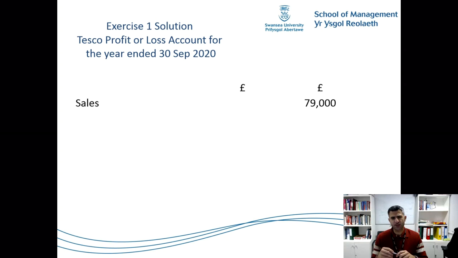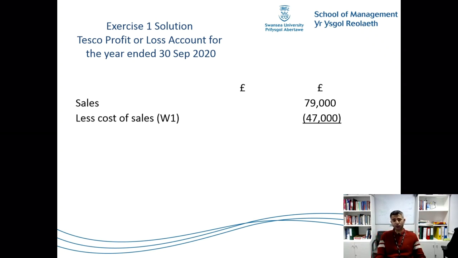A lot of students ask a common question: why do we have 2 columns here, 2 pound signs? Again, this is not debit, this is not credit. This is only to make the statement tidy. Remember this. So sales minus cost of sales. As you see here, we put working one beside cost of sales, because I need to go back to working one and mark it.